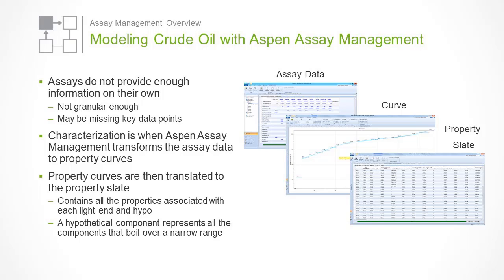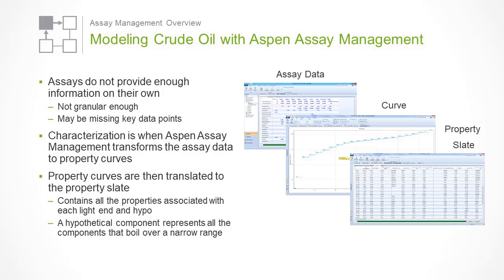Assay characterization is performed using Aspen Assay Management, which is an integrated feature of Aspen HYSYS Petroleum Refining. When you characterize an assay, the data is transformed into property curves, which can in turn be translated into a stream composition and set of stream properties, or property slate, made up of both light components and hypothetical components, or hypos.